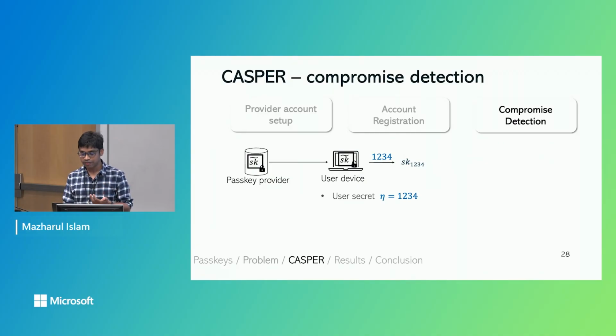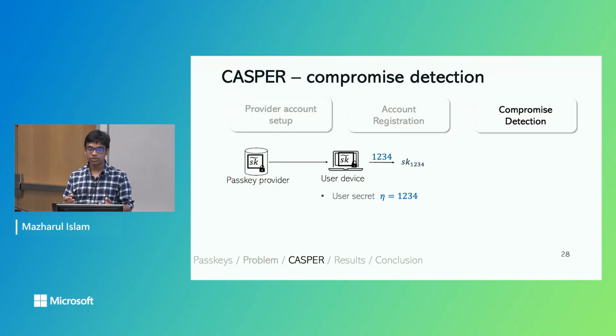So let's walk through a very toy example of how this works. Let's say the user device downloads the SK tilde from the passkey provider. SK tilde is the encrypted passkey, and let's say for the sake of this toy example, the user secret is 1234.